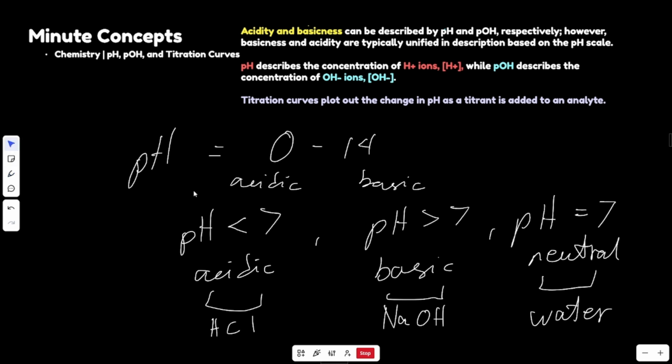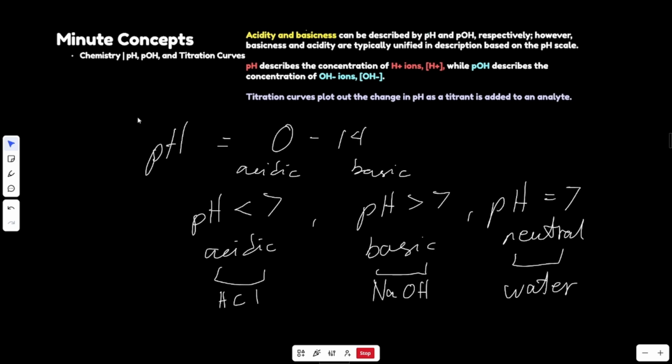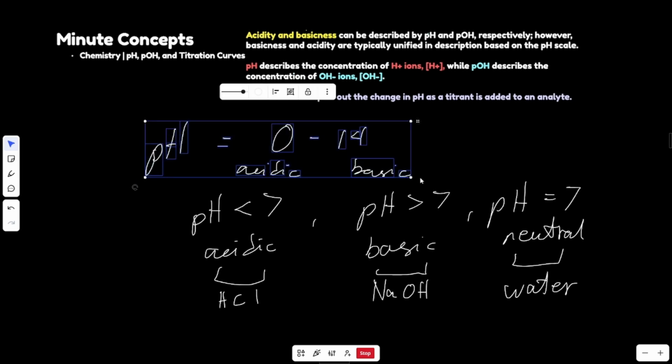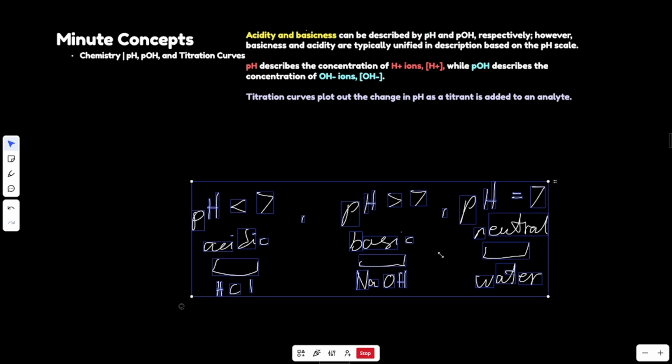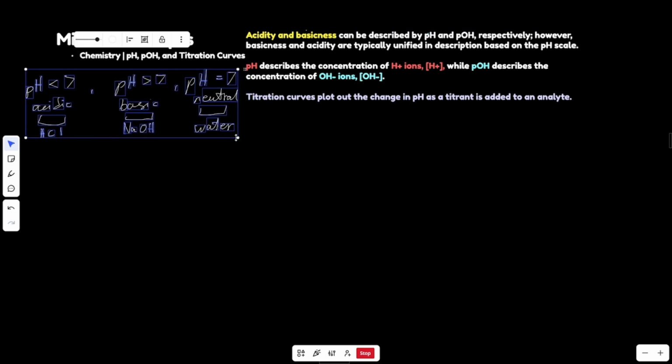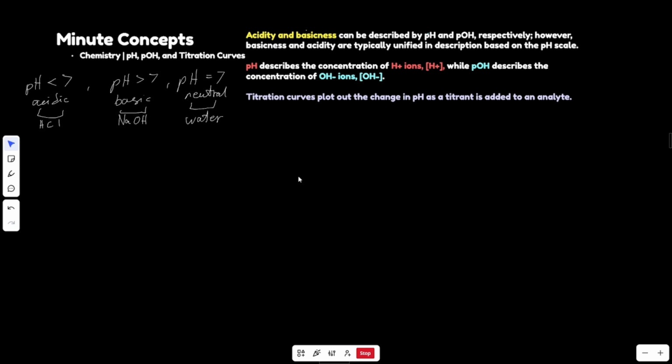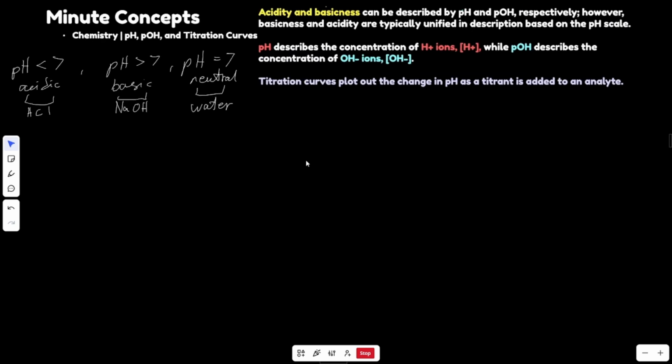Now, when it comes to acids and bases, they also have a strength to them, right? So I'm going to put this up here, I'm going to make it a bit smaller. Acids and bases have a strength to them.